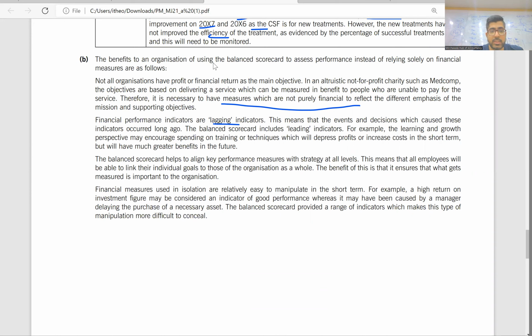As I told you, these are past things. Whereas non-financial ones, customer satisfaction, efficiency, are leading, future indicators. Third, the balanced scorecard helps align performance at all levels, not just the financial level. Fourth, financial measures are easy to manipulate. Non-financial ones, like customer feedback, are not easy to manipulate. So these are some points which you can write, and you can get 1 mark per point.